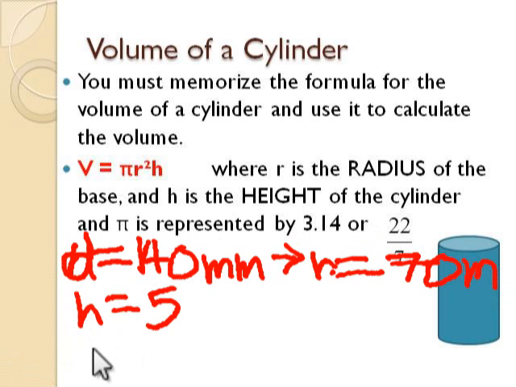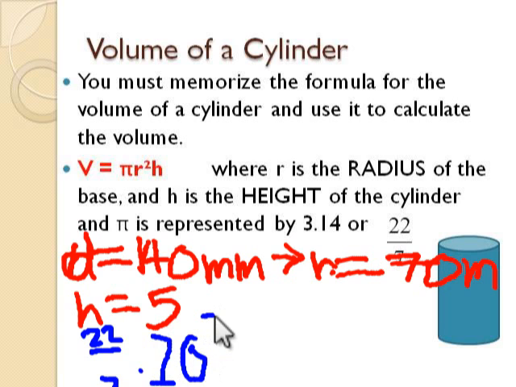So then we're going to do 22/7. Let me do a different color now. I don't really like that green. Let's go with blue. So 22/7, and then we're going to multiply that times the radius squared, so 70 squared, times the height, which is 5.